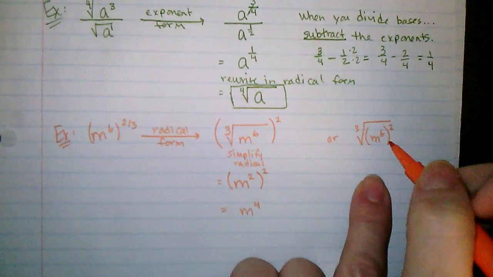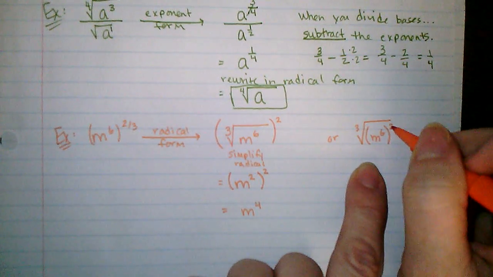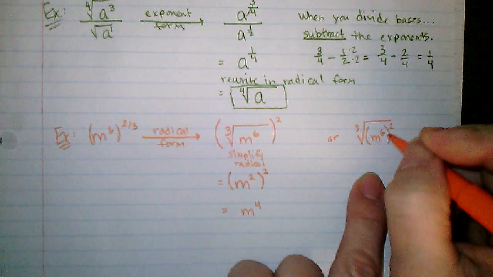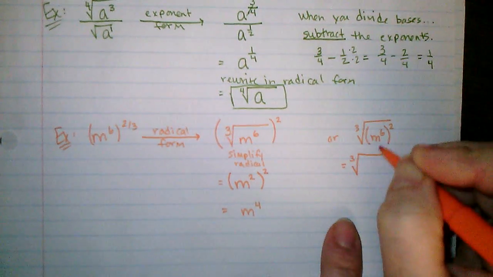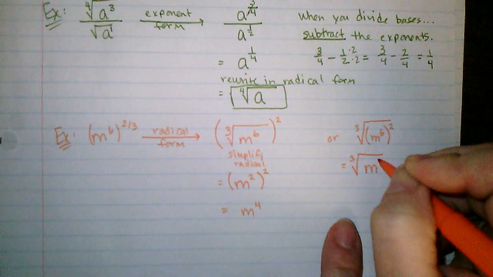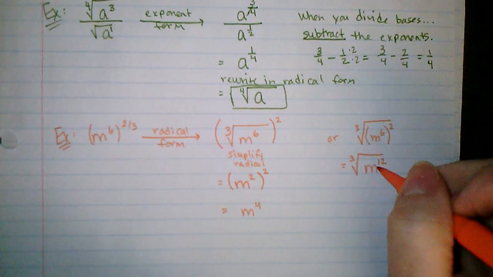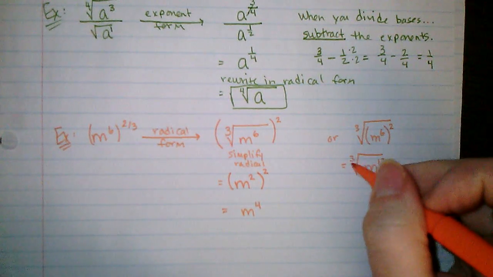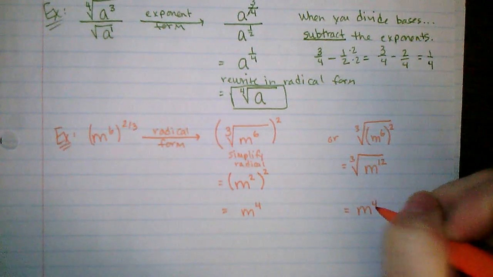Now, if we had gone this route, we would do m to the sixth squared first. So since I'm raising a power to a power, I will multiply the exponents. So that will be m to the 12th. And then simplify the radical. 3 in the group to get out, I have 12, which means I will get out 4 groups.